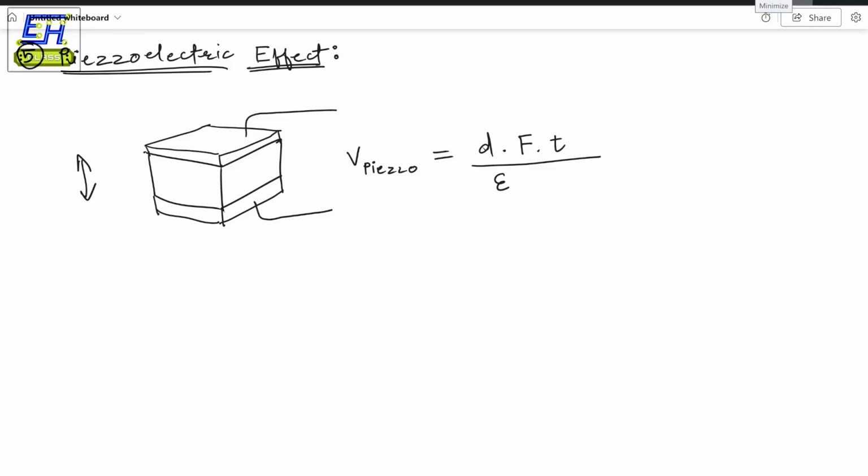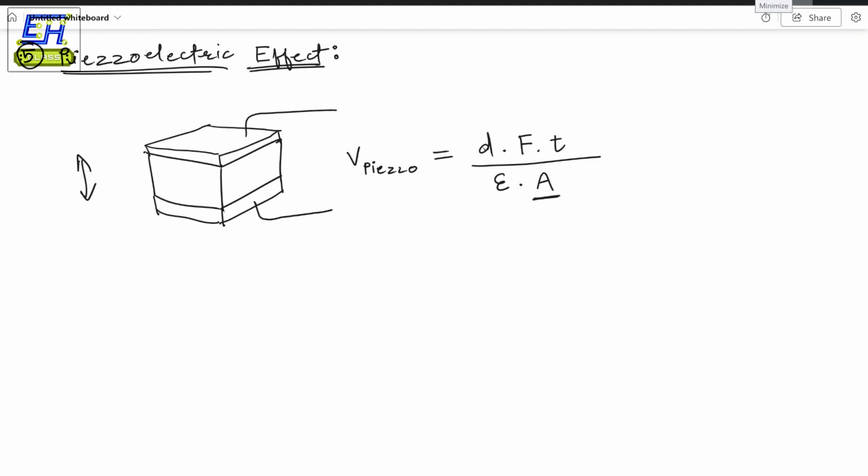Permittivity, you guys know that this is how well a material can support electric field inside it, and the area of the surface where you apply the force. So clearly from here you can see that the area is very important, but the other thing that is also considered is the plane in the crystal itself, how you are cutting the crystal, right?